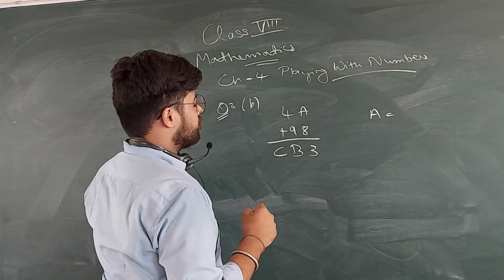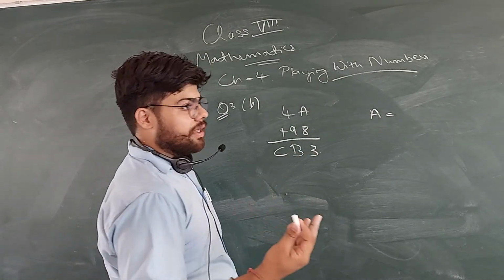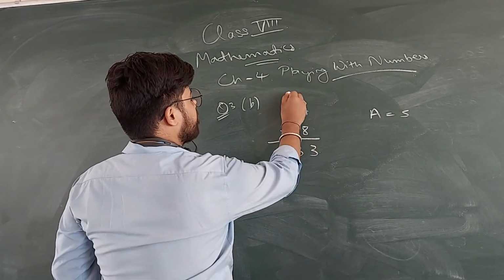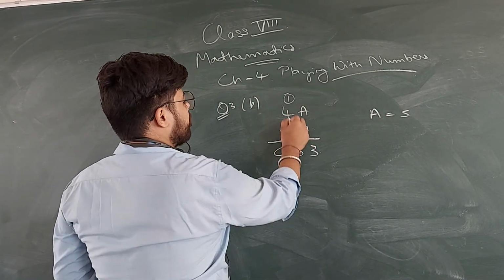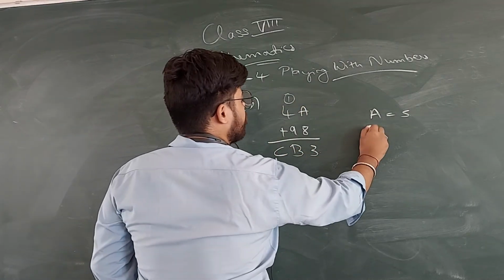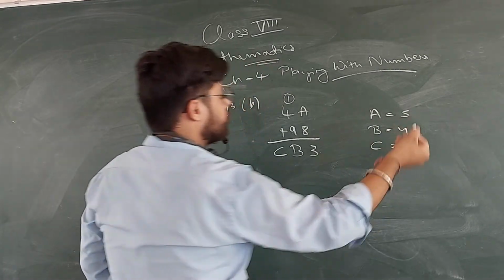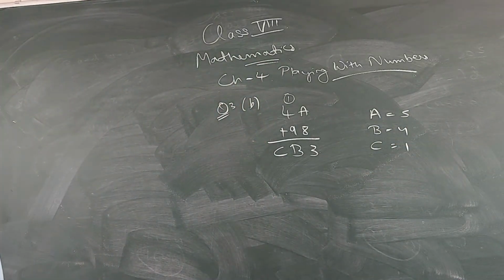If I put 5, 8 plus 5 is 13, so 1 will be carried. Then 9 and 1 is 10, 14. Then the B value is 4, and 14 will become here. The C value is 1. A very easy question, if you go for that.